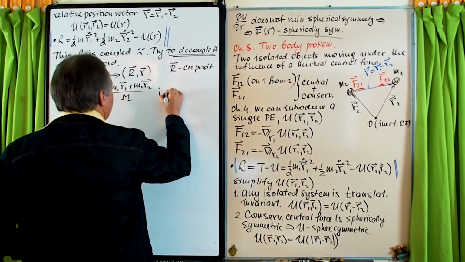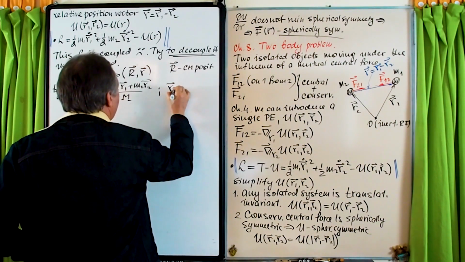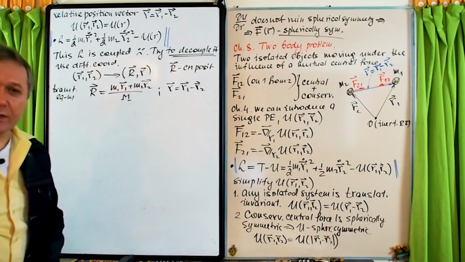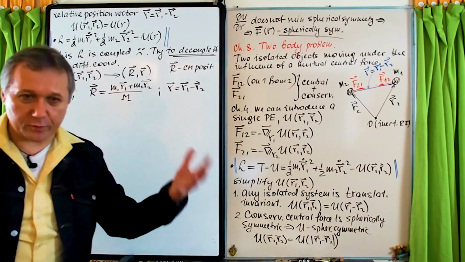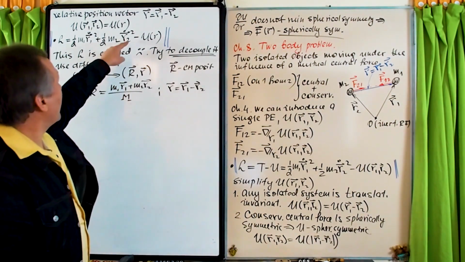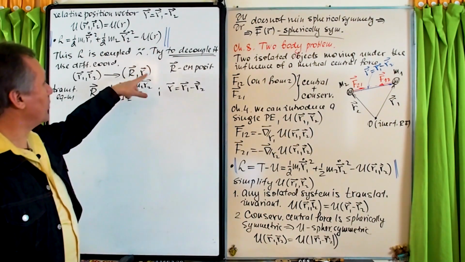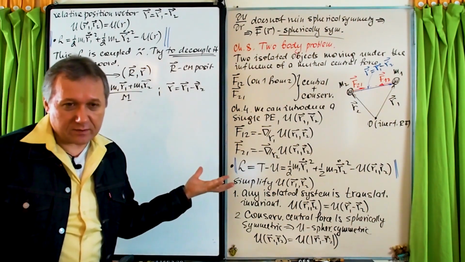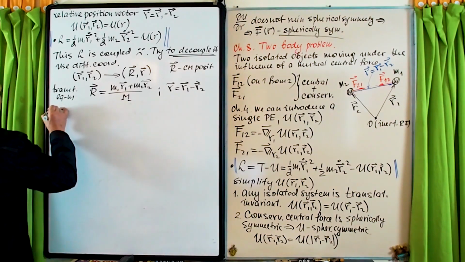And of course, the second transformation equation is r equals r1 minus r2. But we need to move in the reverse direction: from r1 and r2 to r small and R capital. So let's invert these equations. It can be easily done, simple algebra.